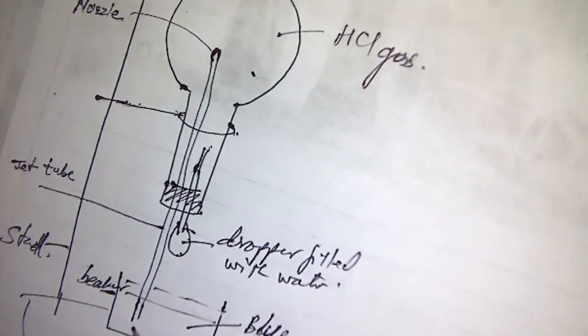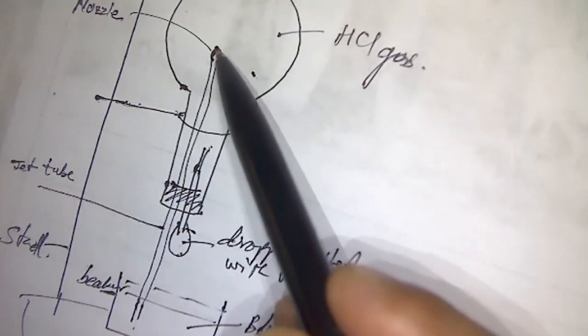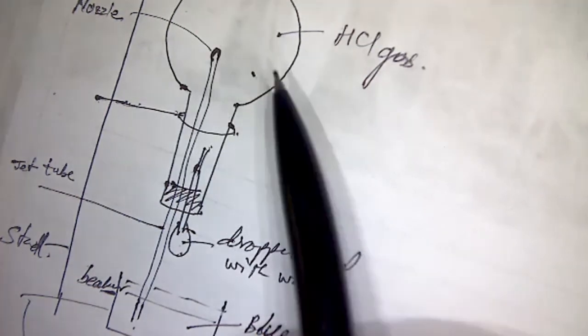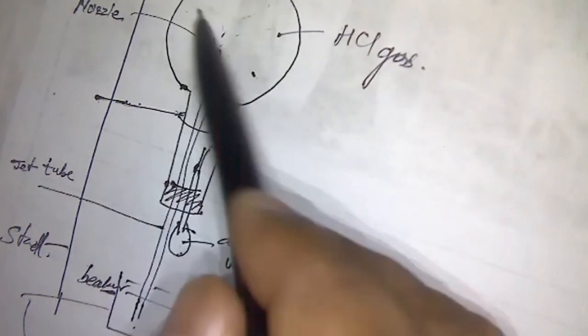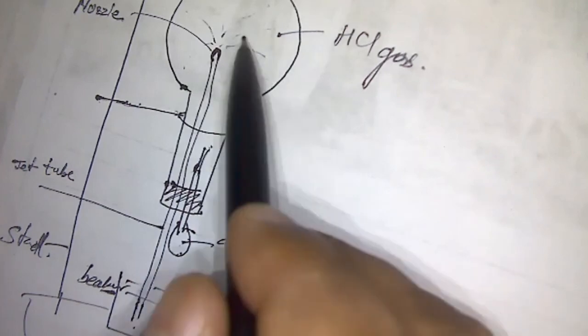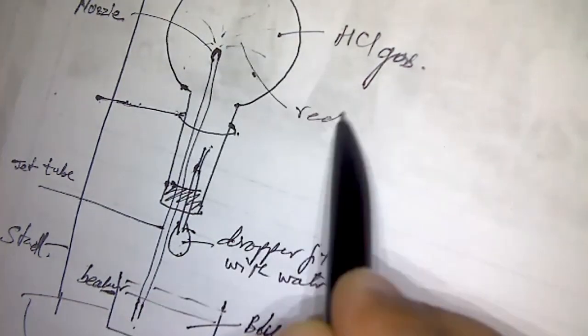The liquid from here starts moving up. So this blue litmus solution, you'll see this tube filled with blue litmus solution. It will come here. Since this is a nozzle, a jet opening, what will happen? You'll see a fountain coming out from here.